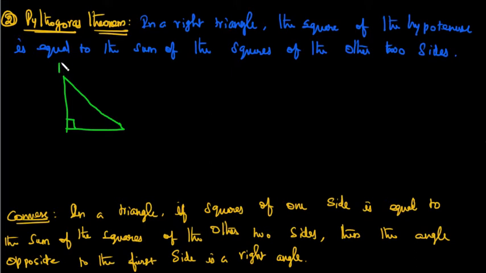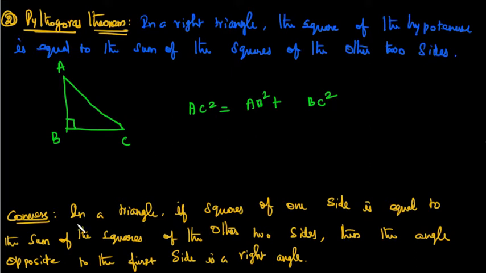That means if it is triangle ABC, then AC square, the square of the hypotenuse, is equal to the sum of the squares of the other 2 sides. So AC square is equal to AB square plus BC square.